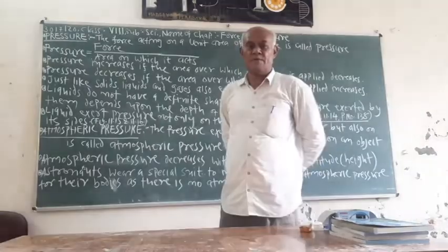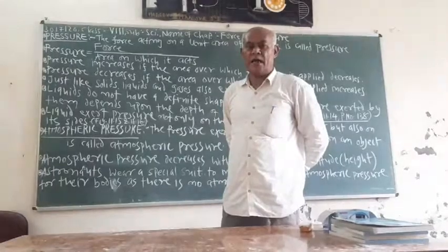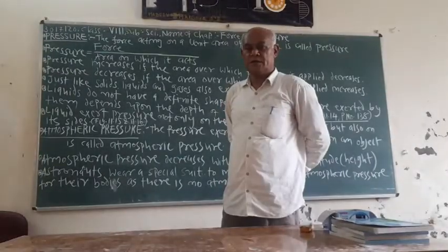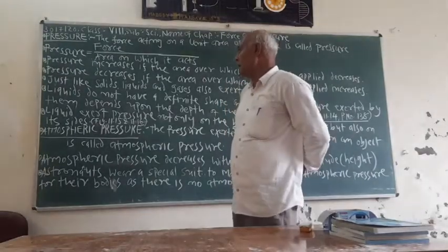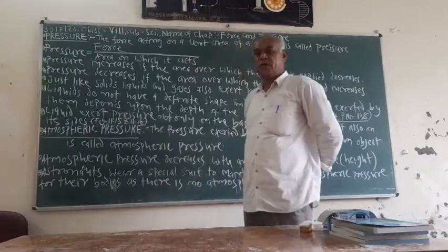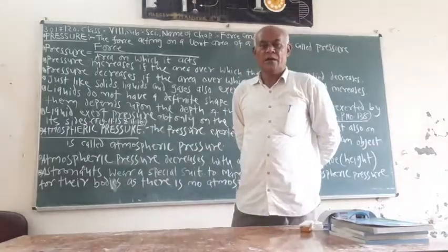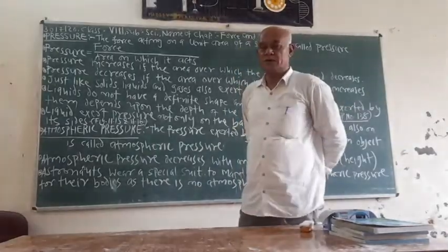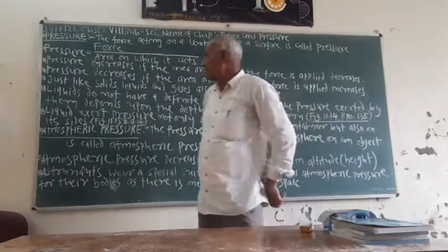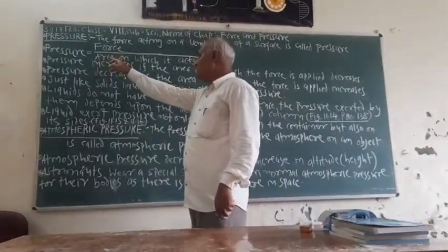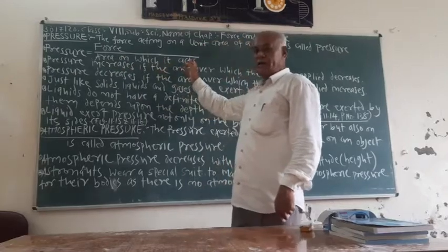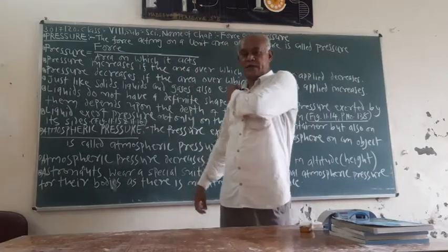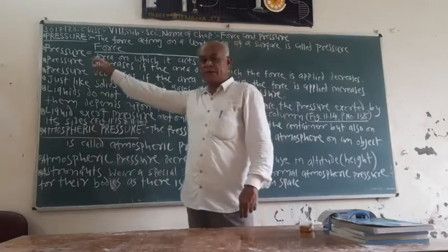It means that force and pressure are directly proportional to each other, and pressure and the area on which the force acts are inversely proportional to each other. So pressure is force upon the area on which it acts. This is the formula of pressure.